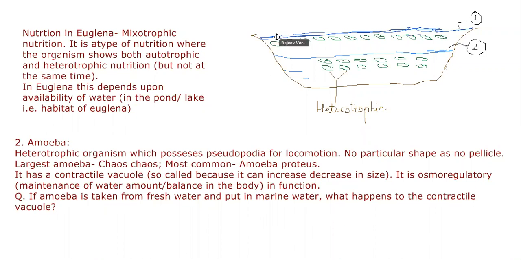So if amoeba was there in freshwater conditions, let us suppose this is the amoeba, there would have been a constant entry of water into it. Water would be coming in from here.